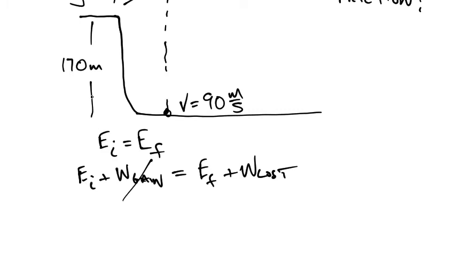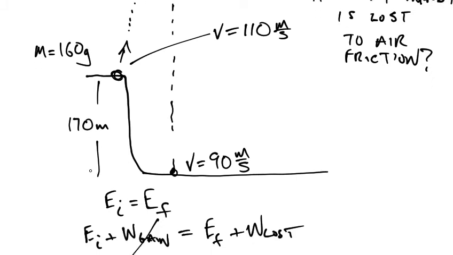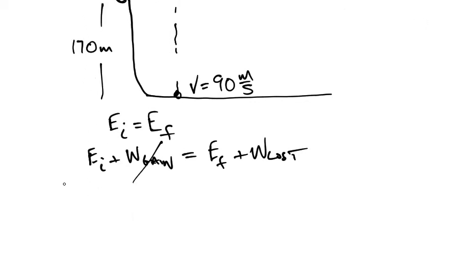What types of energy do we have initially at the initial location here? Well, we have height, mgh, plus we have kinetic energy, 1/2 mv squared. So we have initially mg hi plus 1/2 m vi squared. Those are the two types of energies that we have.